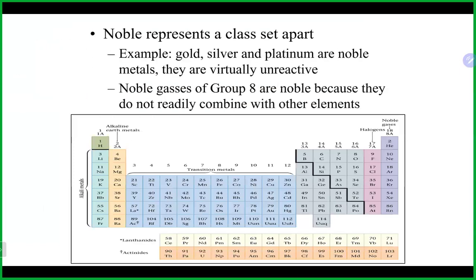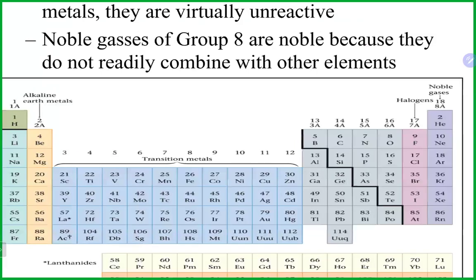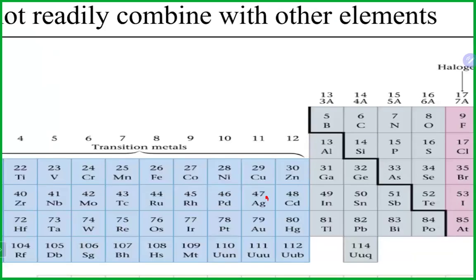As I mentioned before, noble means the class set apart. In addition to the noble gases, which are group 8 on the periodic table, there are some elements referred to as noble metals, and that's your gold, your platinum, and your silver. Those are noble metals. They're also very unreactive.